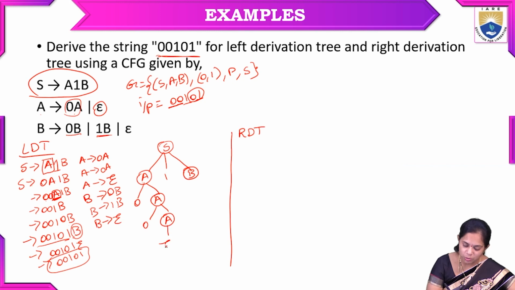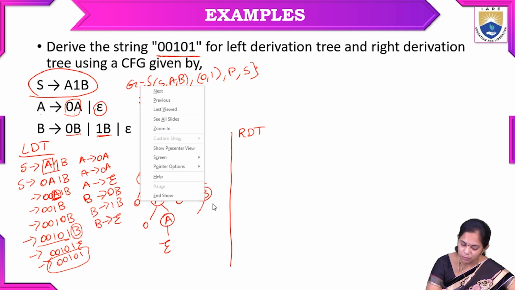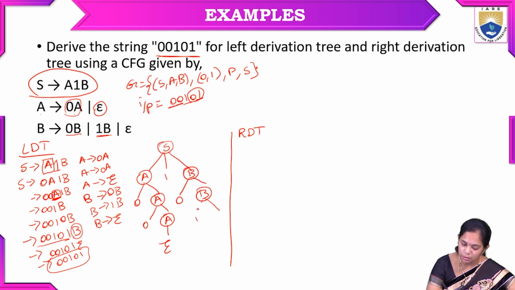For this one we take epsilon, and after that we already have 1, with this B, the first input symbol, and 1 the last input symbol, 1 and B, and for this one we are replacing epsilon.